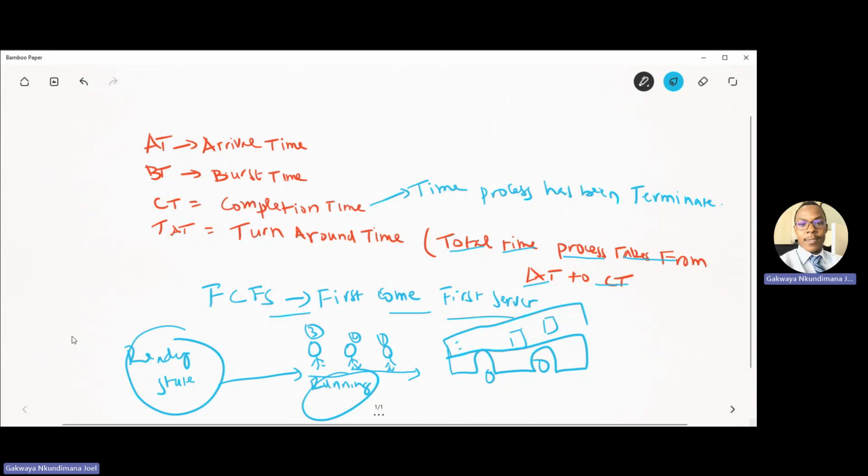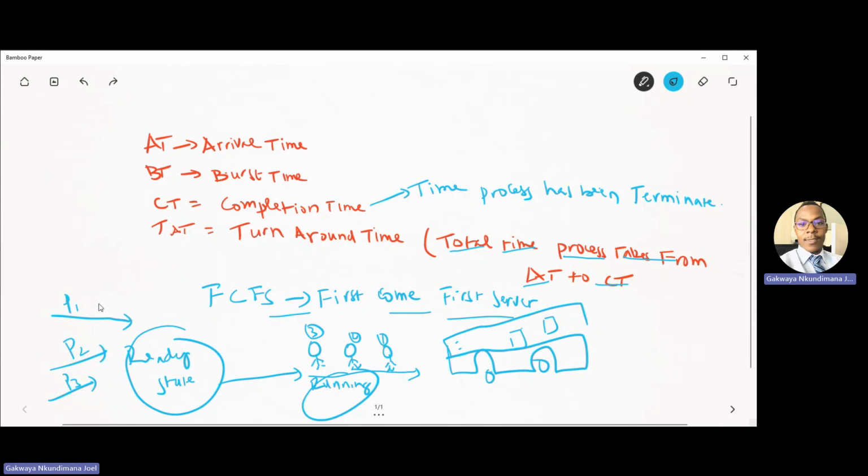Let's say we have processes which are coming. One is coming here, another one is coming, another process is coming. Let's say this is process one, this is process two, this is process three. Let's say this process came at 0 seconds, already in a ready state.